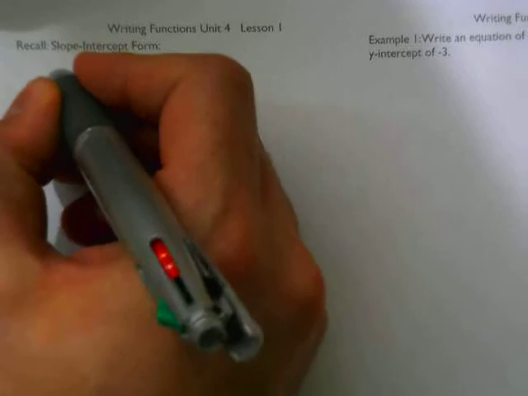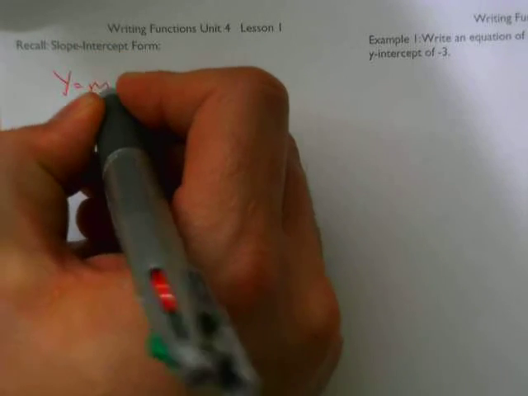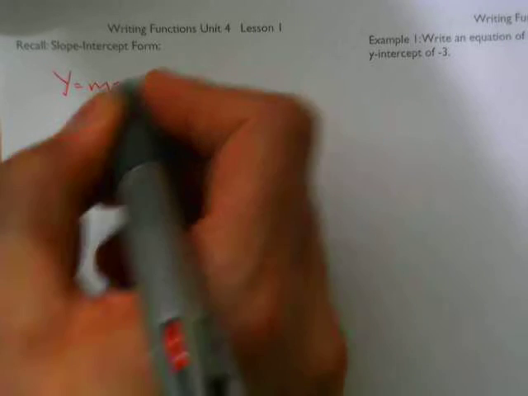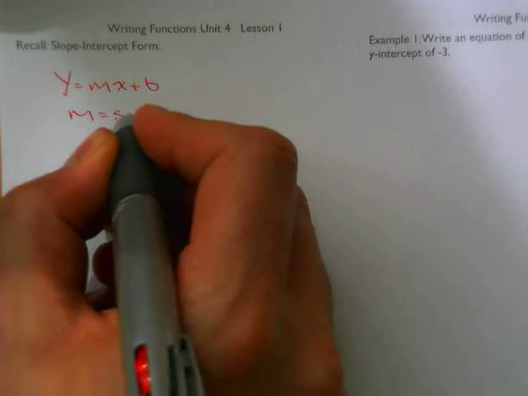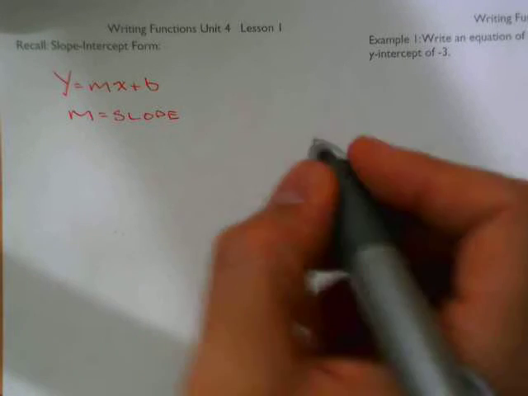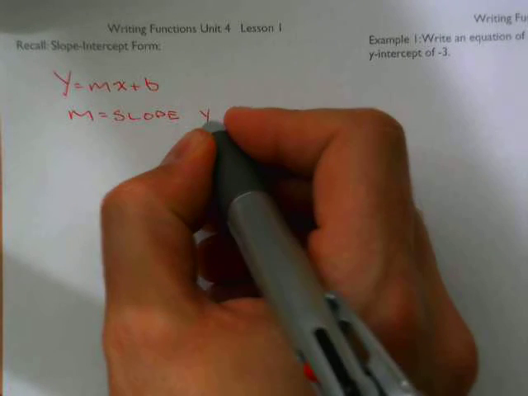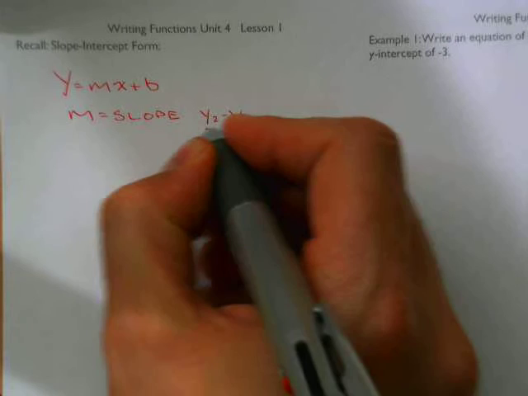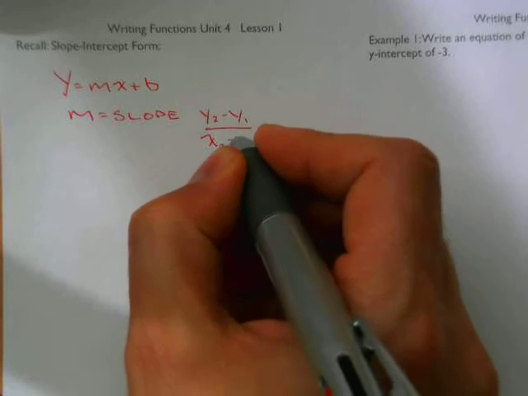So first of all, just remember the most common one, the one that students like the most as far as forms would be slope-intercept form, where we had y equals mx plus b, where m stood for the slope. Remember, it was pretty easy to find the slope as long as you knew the slope formula. y2 minus y1 over x2 minus x1.